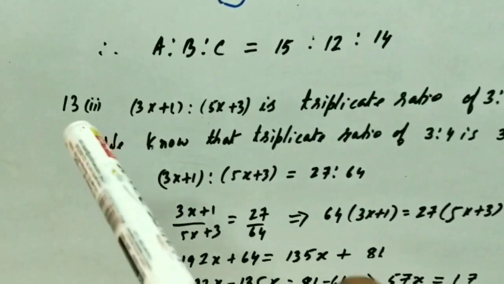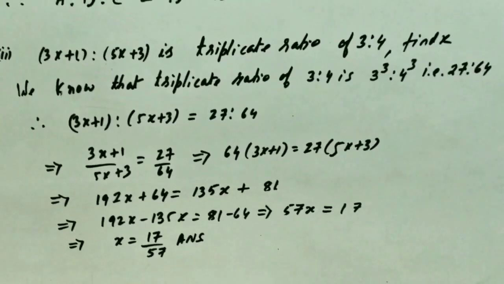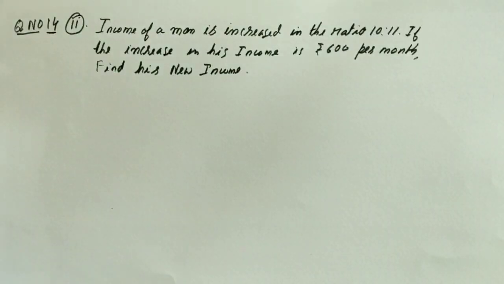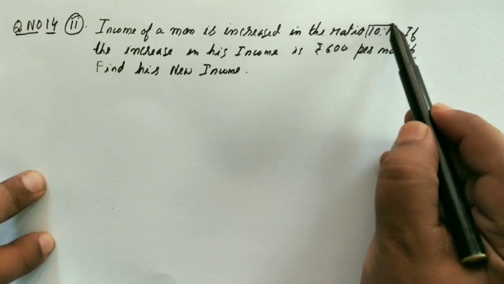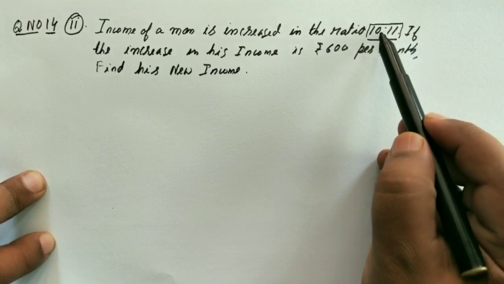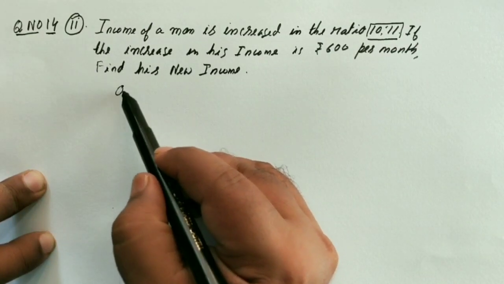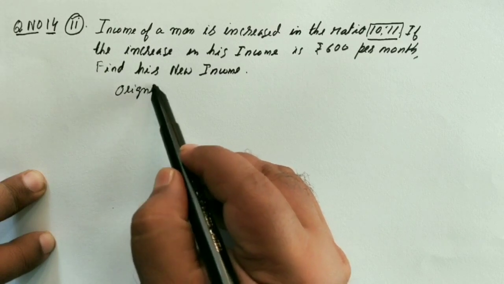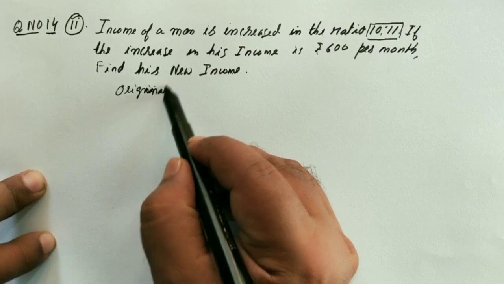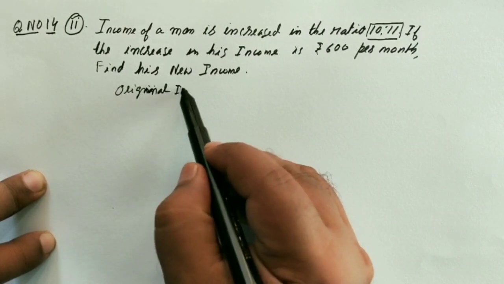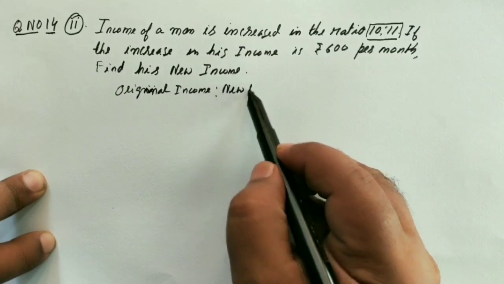This is question number 13, third part. See it carefully. So here this 10:11 is very important. This is the ratio. The chapter is also ratio. This represents the ratio between the original income and the new income.